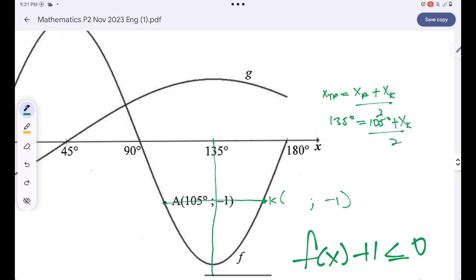So I'll say 135 multiplied by 2, that's 270. I'll get 105 degrees plus the x value at K. So the x value at K is simply 270 minus 105, 165.